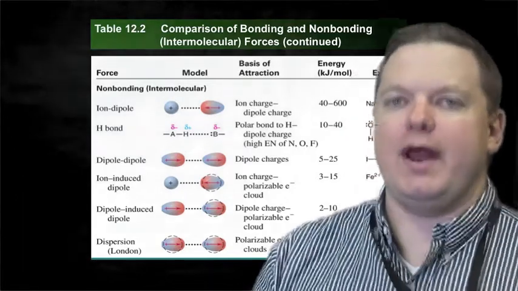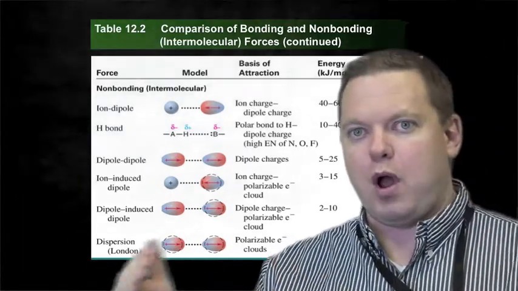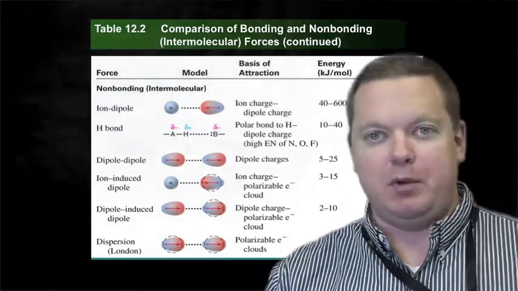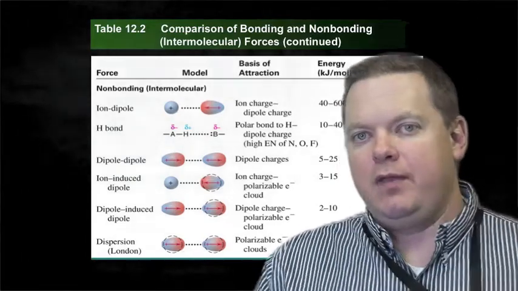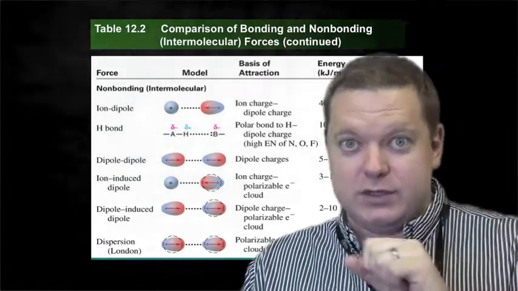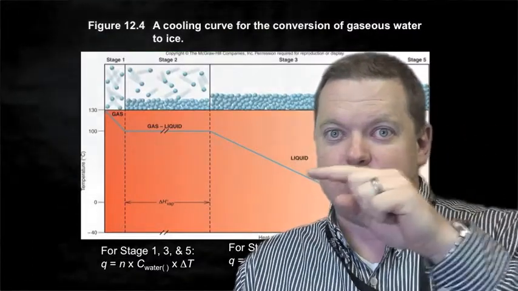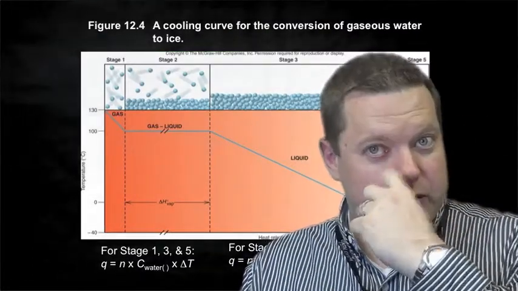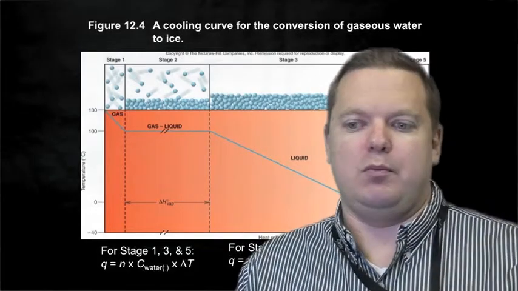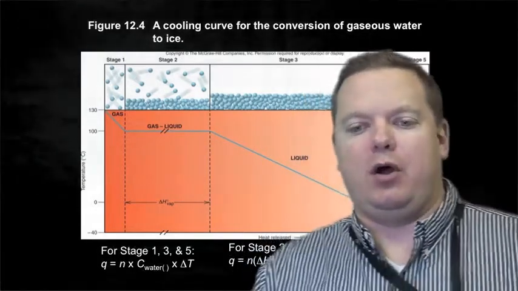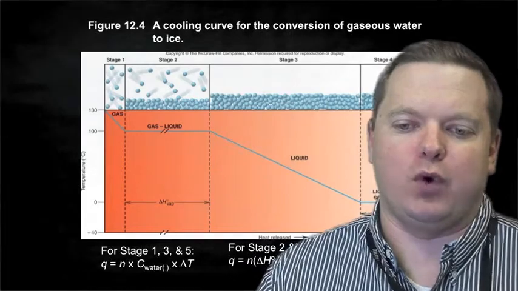So let's look at what happens as we go across this phase diagram. Remember, the phase diagram shows the pressure versus the temperature. If we select a pressure and either increase or decrease the temperature, let's follow that process through a molecule. So let's look at what we call the cooling curve for water.